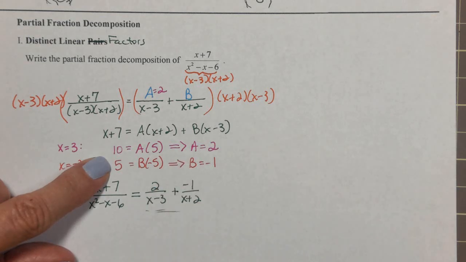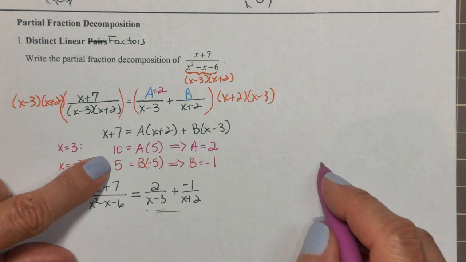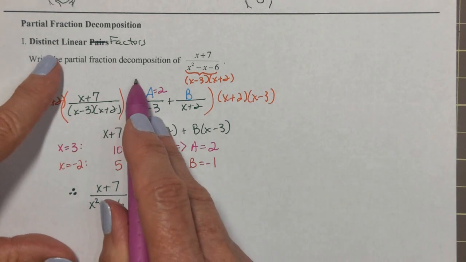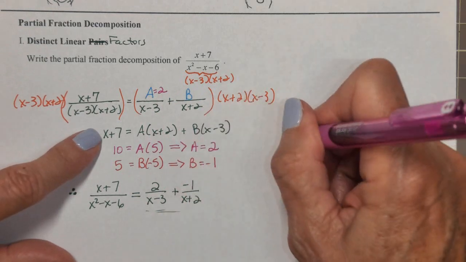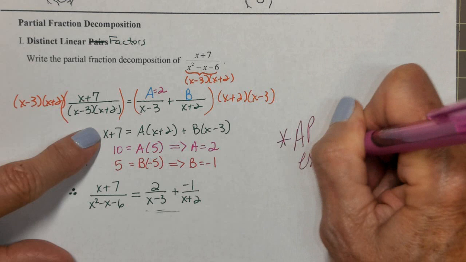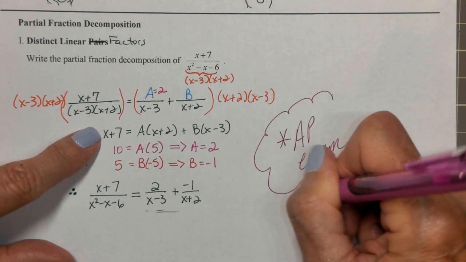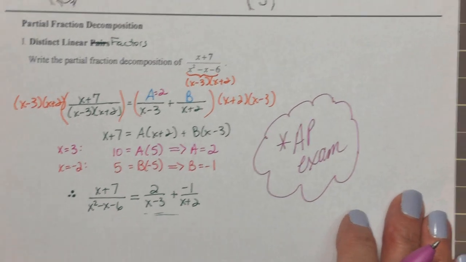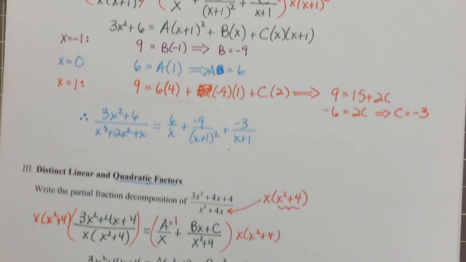Also, on the AP Precalculus test, the only thing that they test are distinct linear factors, okay? So this is the only type on the AP exam, both AP Precalc and AP Calculus, all right? The other ones are great to know.